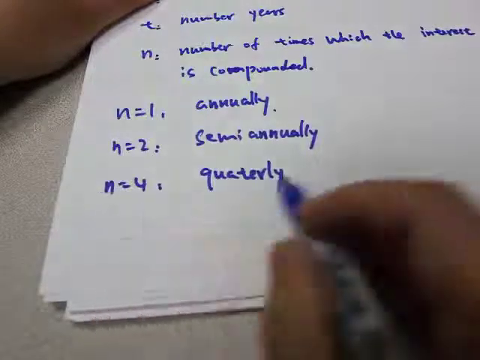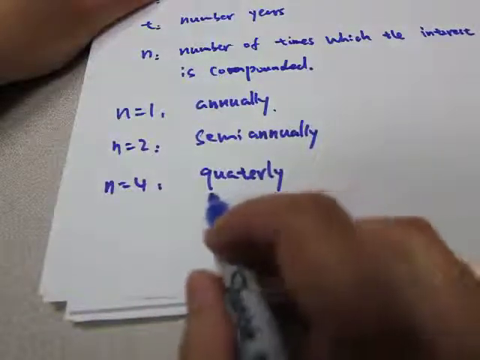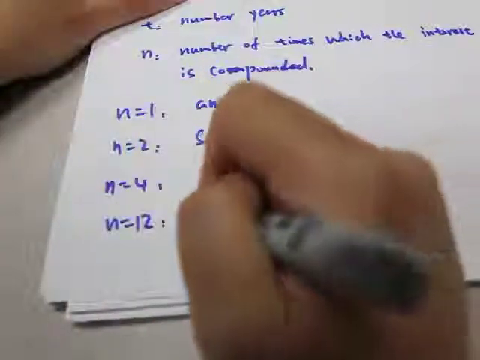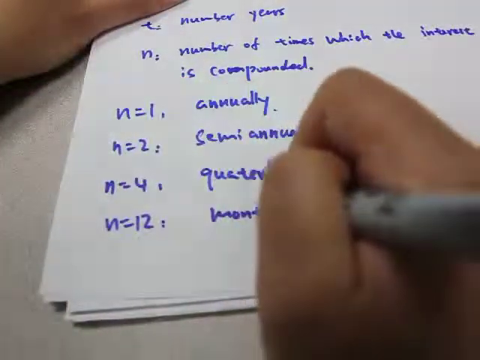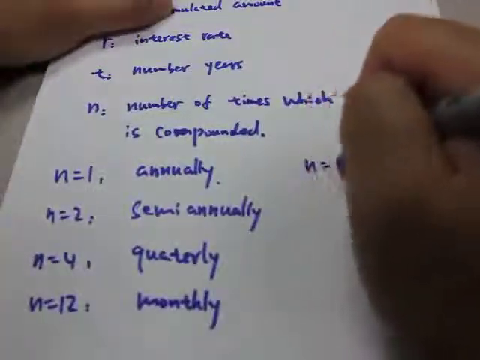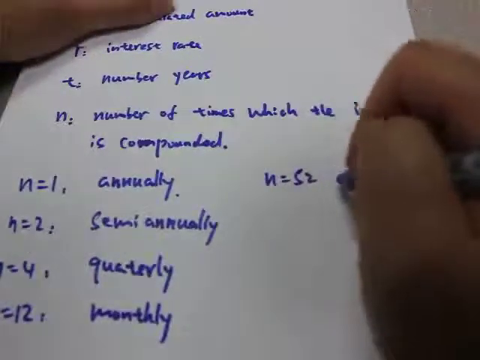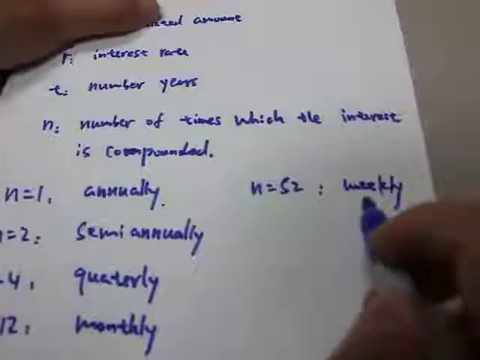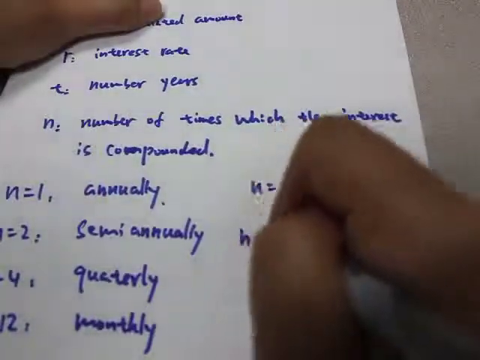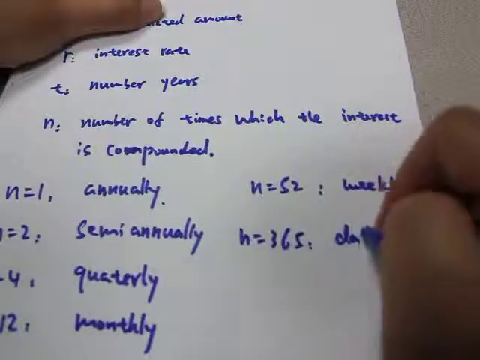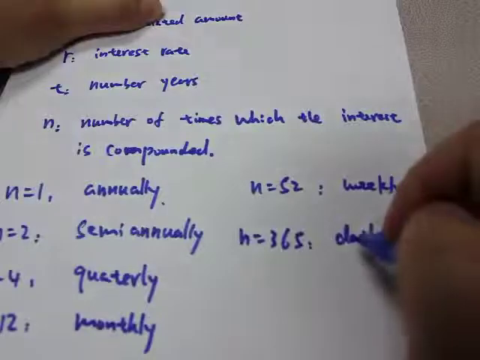When n equals 4, the interest is compounded quarterly. And when n equals 12, it's compounded monthly. And if it's 52, it will be compounded weekly. And if it's 365, the interest is compounded daily.